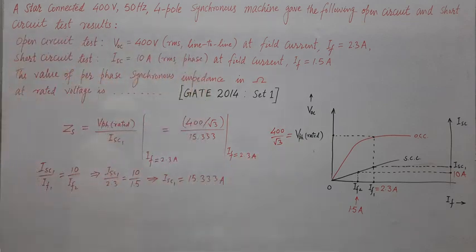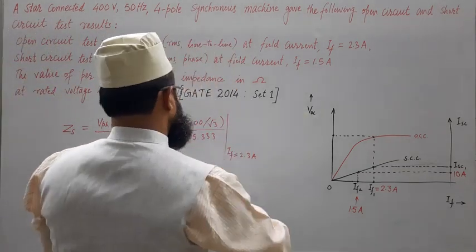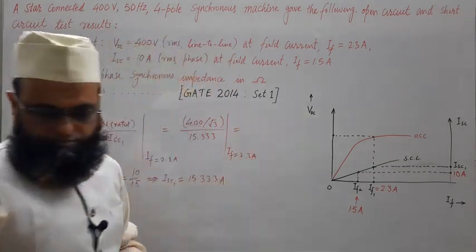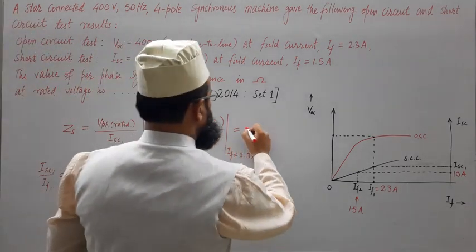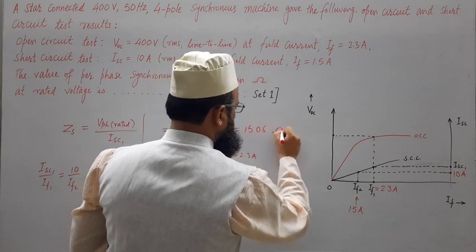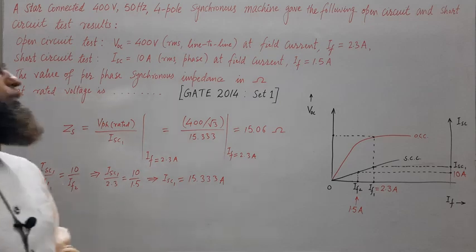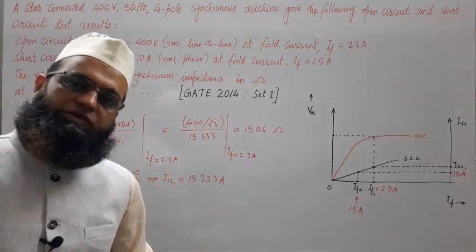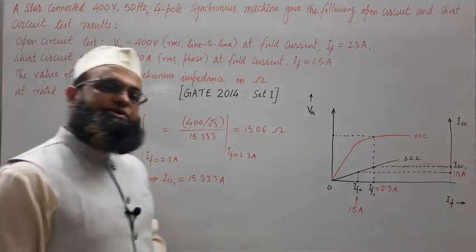So this is coming out to be 15.06 ohm. Check yourself. Fine. So this way we can solve problems asked on synchronous impedance. Fine. Thank you very much.